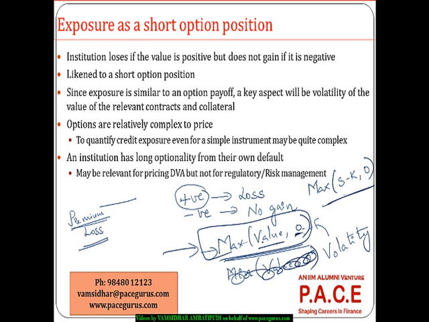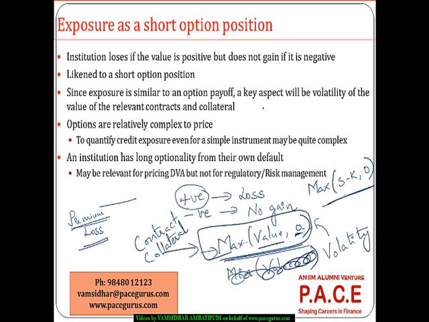What is the underlying here? The contracts are the underlying. So what is the volatility of the contract value? The collateral is the underlying. So what is the volatility with respect to the value of the collateral? That will decide the actual value of the exposure.